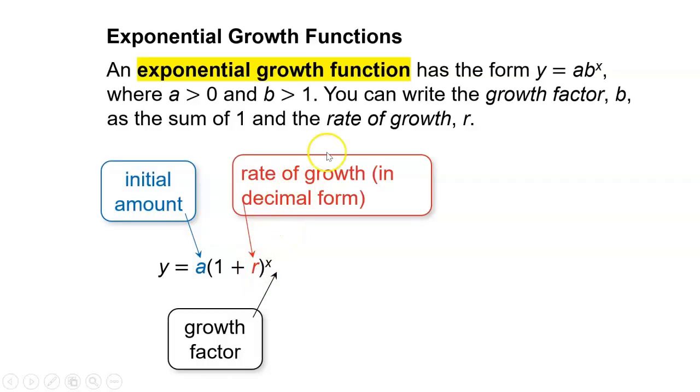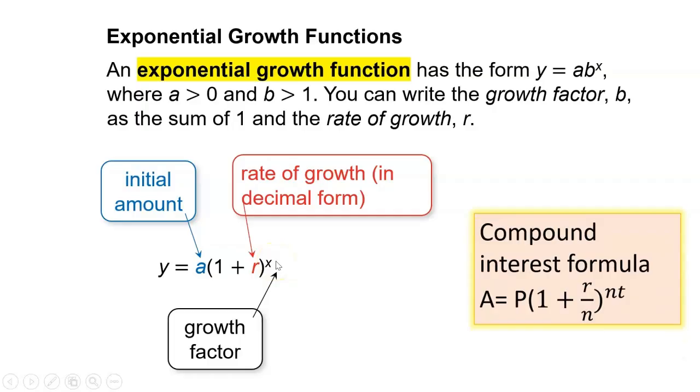So if I want to use r in this formula, I'm always going to divide by 100, such that my r will be in decimals. I'm still going to explain with examples. And we have the growth factor, which is x.